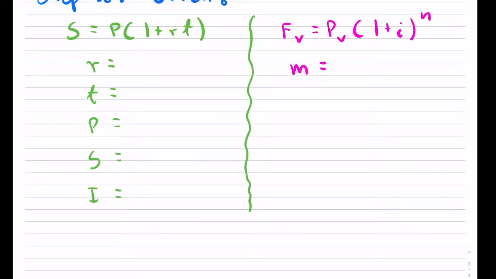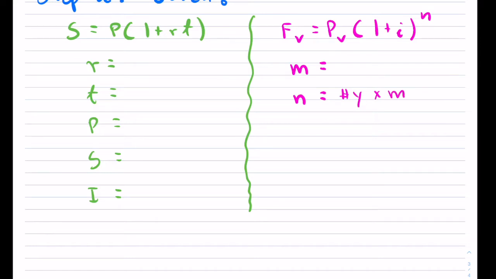How many terms do I have in one particular year? Then from that I can figure out what I'm compounding at. The next thing I'll try to see is, can I figure out N? N is always the total number of terms, so that is the number of years multiplied by M.